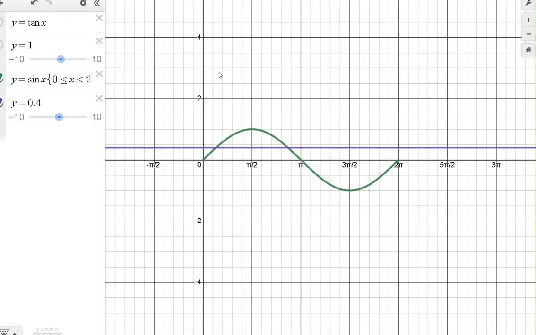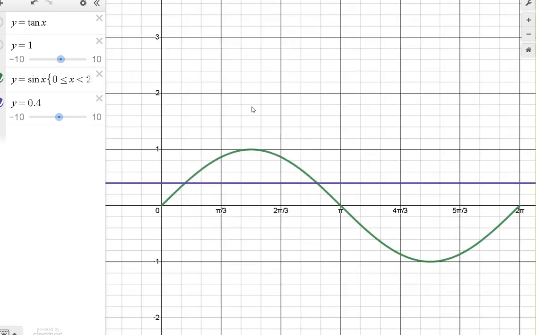So of all the values we have to consider, we really only need to look in this interval 0 to 2 pi. How many solutions do you think we're going to get? 1, 2. Now we get a lot more if we were looking beyond the interval 0 to 2 pi. That's okay. They just said look at 0 to 2 pi. We'll do exactly what they said.